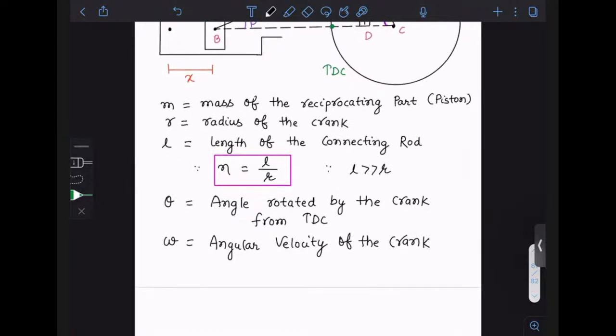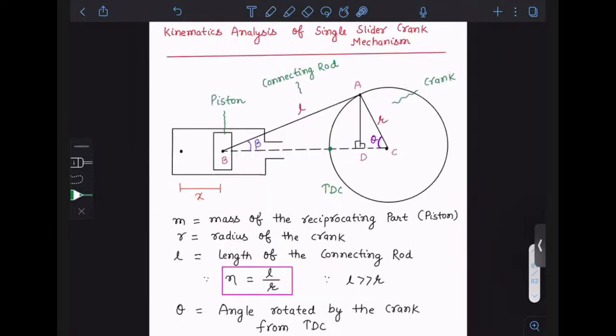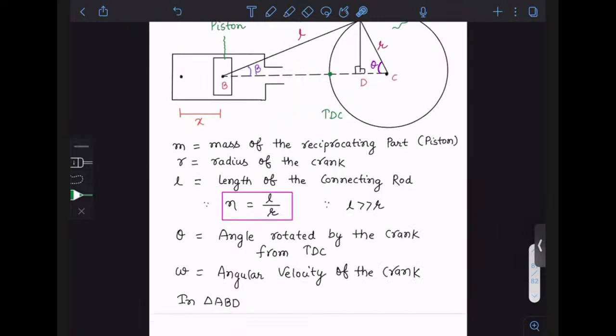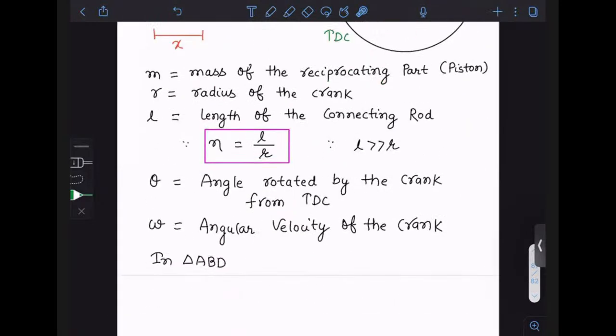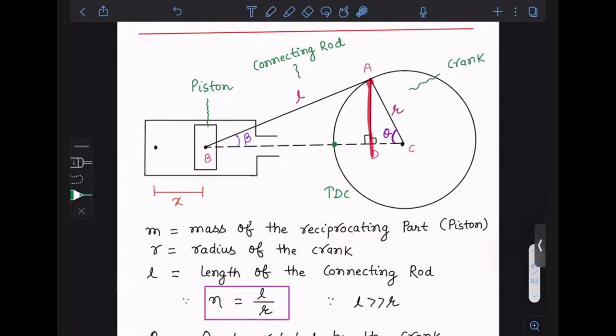Now, in triangle ABD, what is sine beta? You can say sine beta is equal to AD by AB.